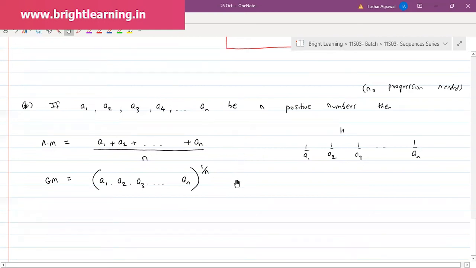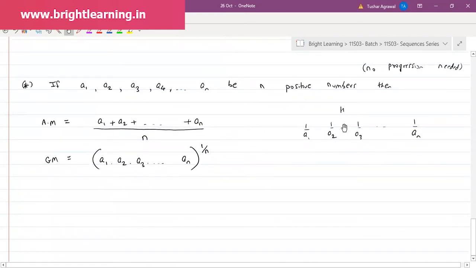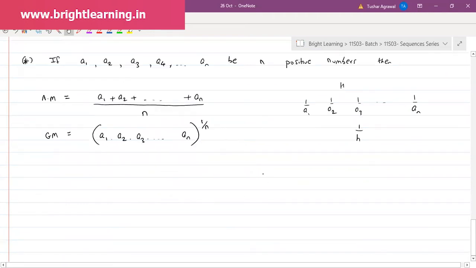So we will use the same logic of AP. 1 upon A1, 1 upon A2, 1 upon A3, 1 upon An. Considering them as AP, 1 upon H will be the arithmetic mean. So 1 upon H will be what? 1 upon H will be equal to 1 upon A1 plus 1 upon A2 plus 1 upon A3 up to 1 upon An, this complete upon n.